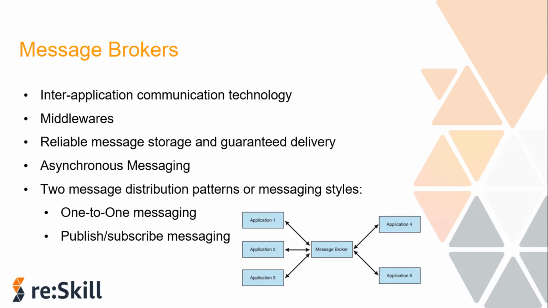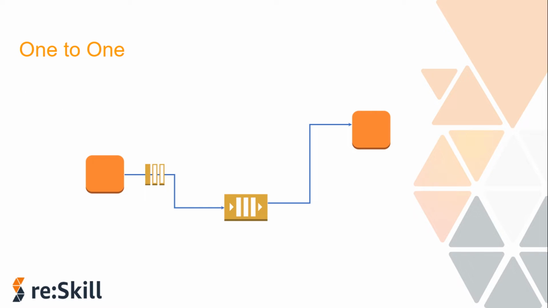Let me tell you a little more about these two types of messaging. The first one is the one-to-one model. This is a distribution pattern utilized with message queues, with a one-to-one relationship between the message sender and the receiver. The producer will send the message, which will be stored in the queue, and the consumer will pull the message from the queue and process it.